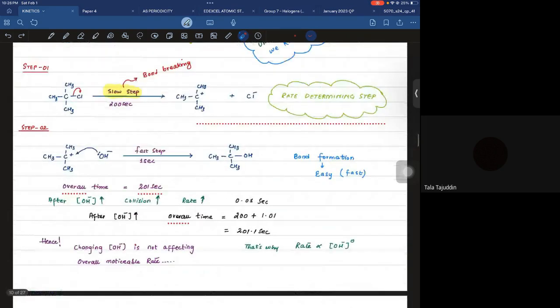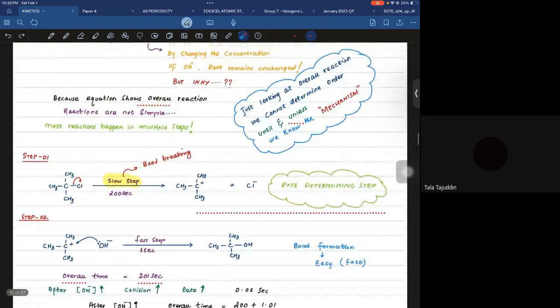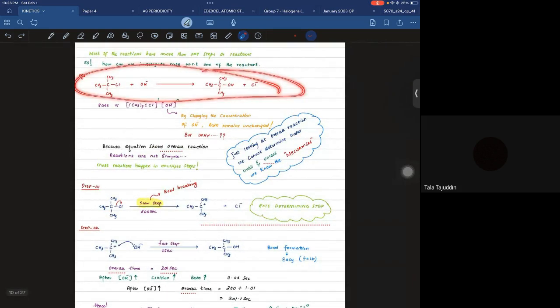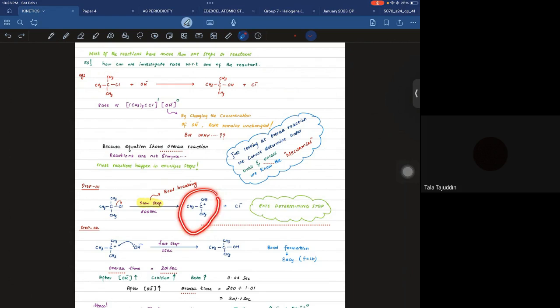Can you see that in your overall equation this is not present? This is a very important concept. There is no carbocation in your main equation. This is absent, so this is called an intermediate. It should not be present in your overall equation.